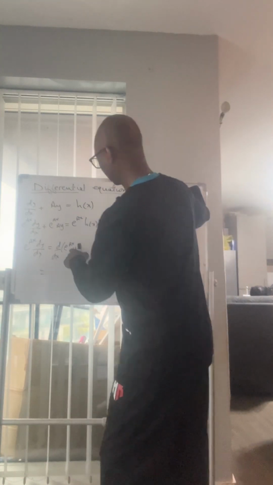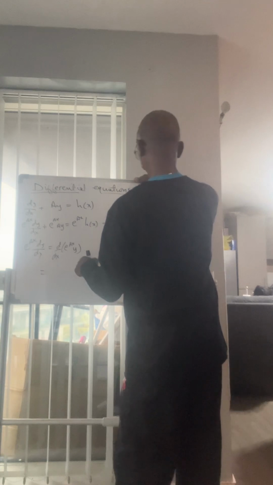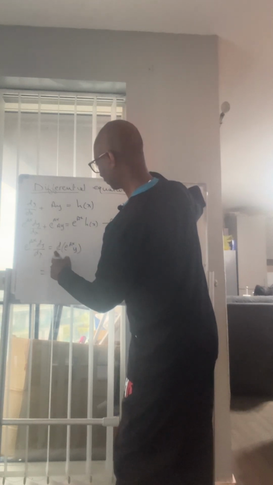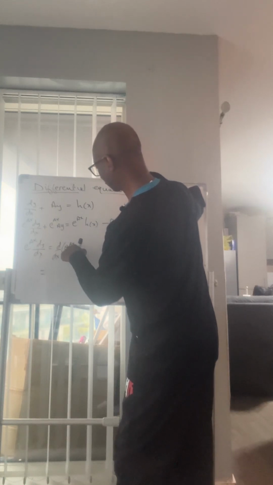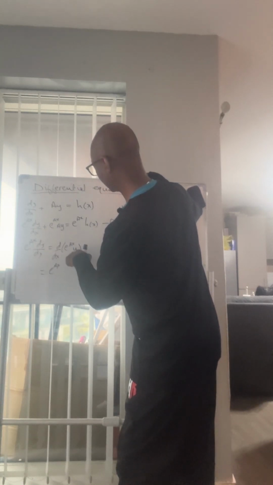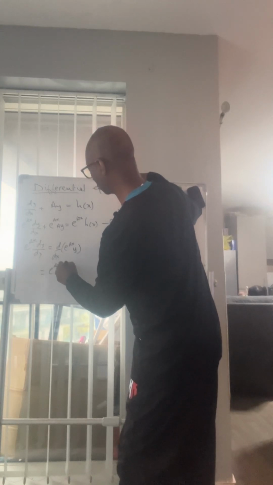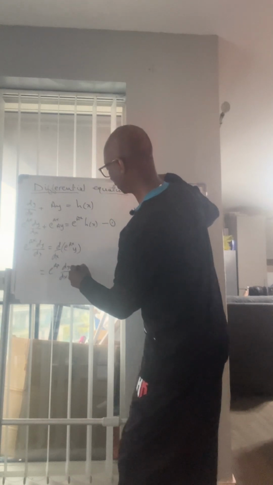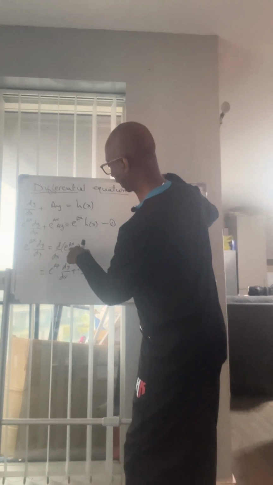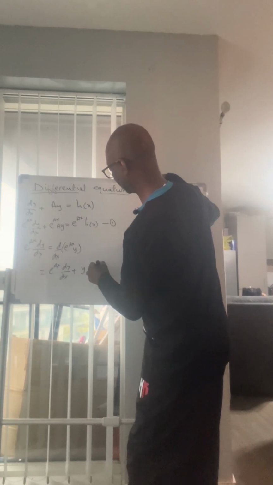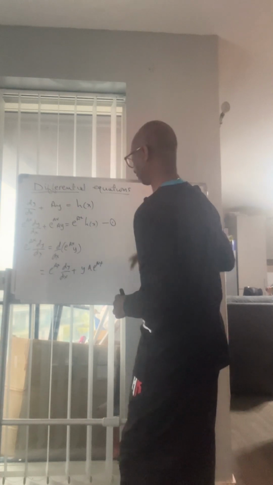So u dv, you know that formula, u dv, we have u here as e raised to the ax, v is our y, so this is going to be the y dx, plus now v, which is y du. And if you differentiate the u, you will get a e raised to the ax.